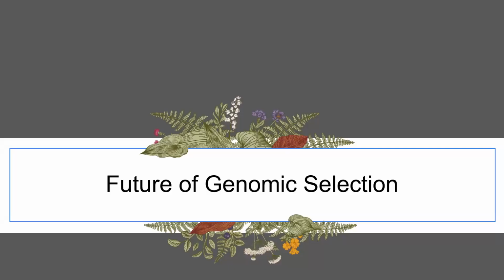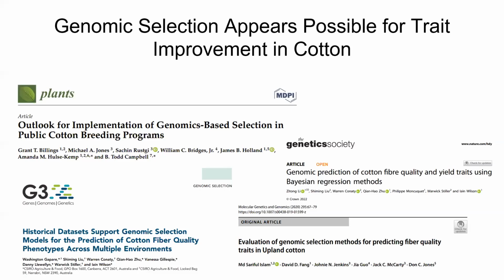So this kind of brings us into thinking about what is the future of genomic selection. There have been a lot of studies that have looked at being able to use genomic selection.